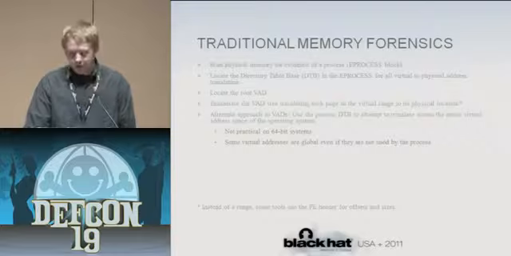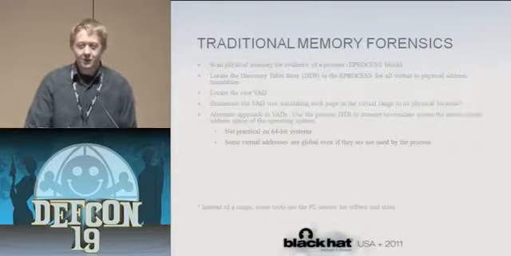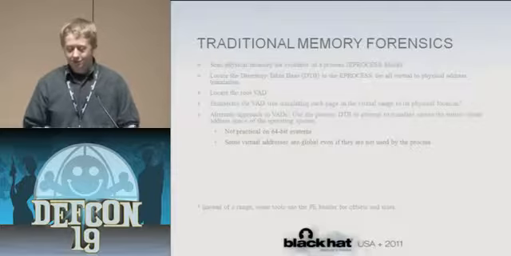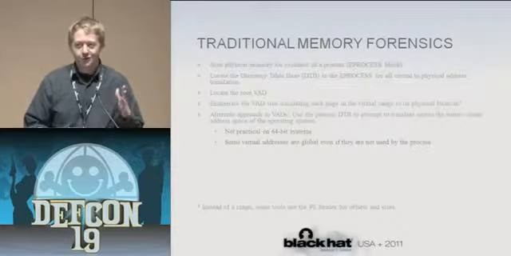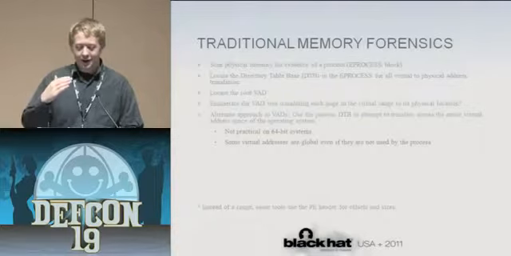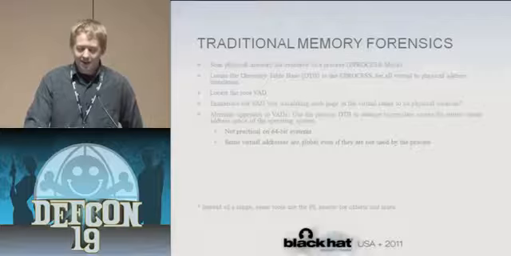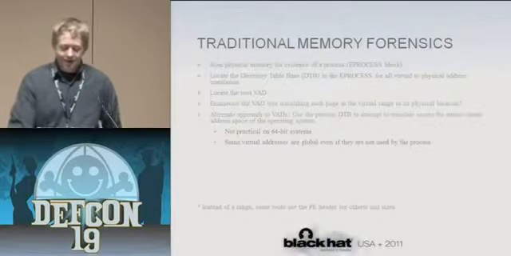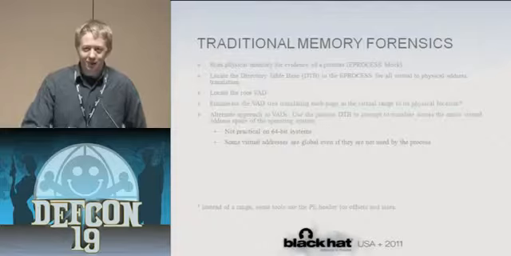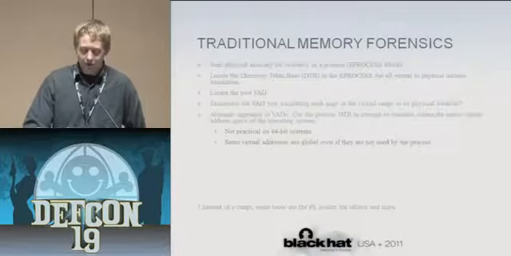An alternate approach is to just use the DTB to translate, basically brute forcing the whole address space. It starts at a beginning address and goes all the way through to the end. This has its limitations, really. On a 32-bit system, this pretty much works because you have an upper bound of about 4 gigabytes.